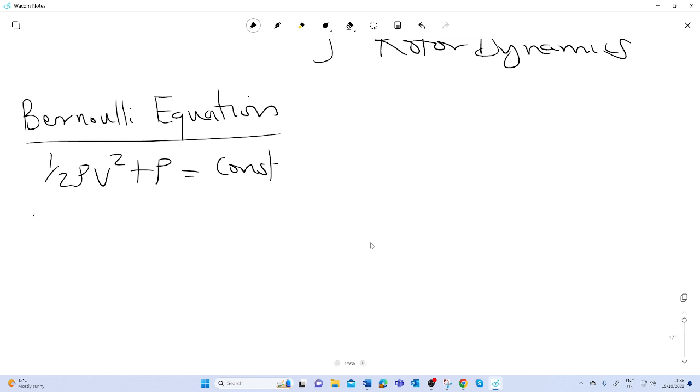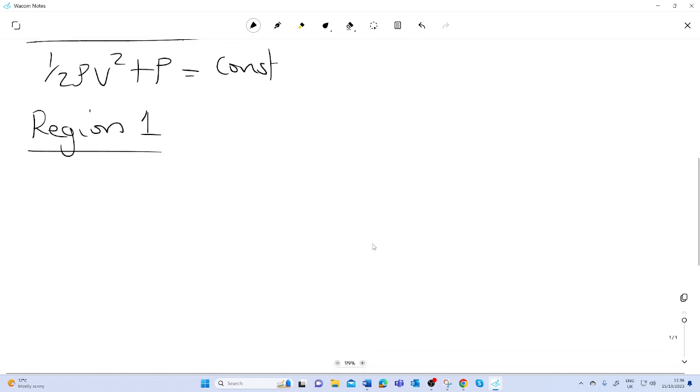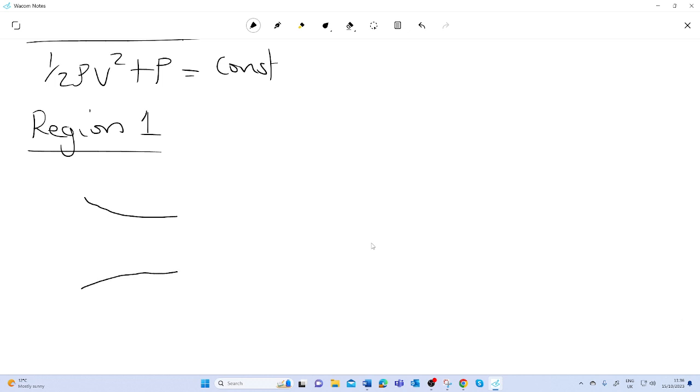Now let's assume region 1. Region 1 is sectioned in such a manner in which we have A, and we have B, and we have PA, and we have PB.